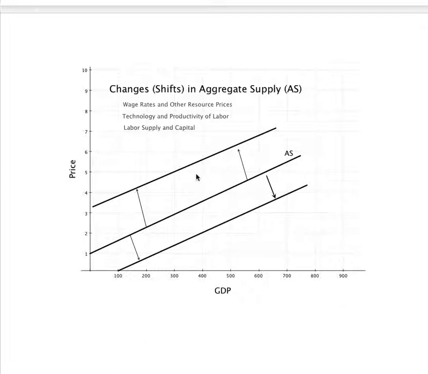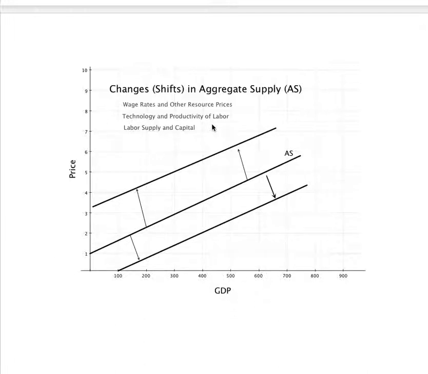That's going to cause a shift to the left in aggregate supply, and that's going to reduce GDP. So when wage rates and prices of resources rise, we get a shift to the left in aggregate supply. If resource prices go down, oil prices go down, or whatever other raw material prices decline, that's going to cause aggregate supply to shift to the right and an increase in GDP.